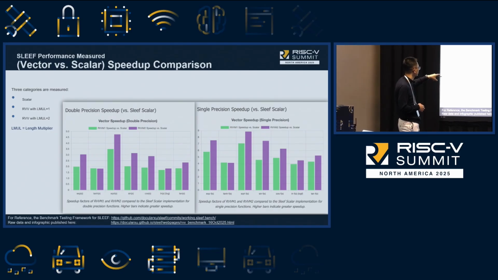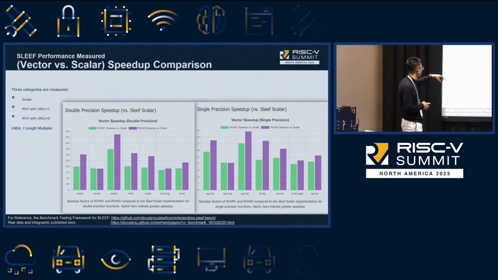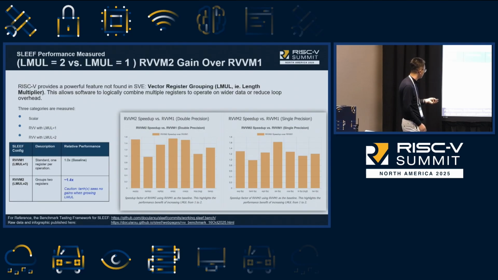Scalar is 1.0, that's the base. For RVV-M1, you usually get 2 times performance, and then RVV-M2, you get 3 or 4 times. So here is a comparison between RVV-M1 and RVV-M2.